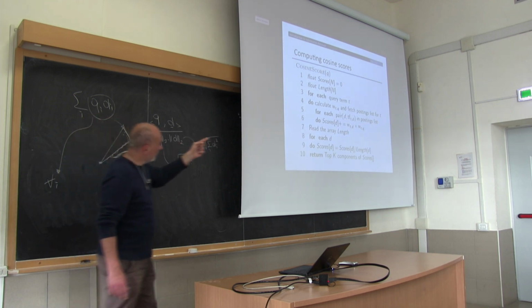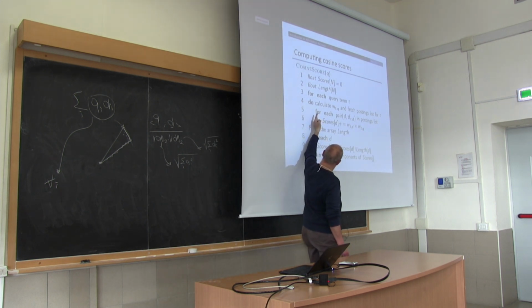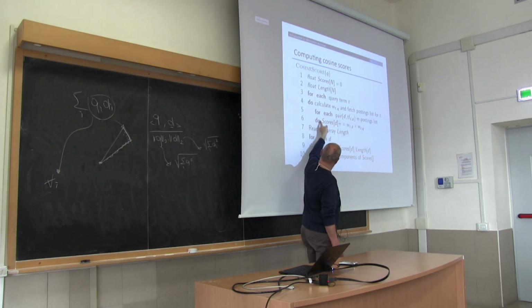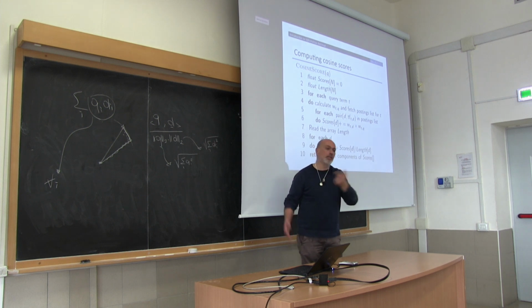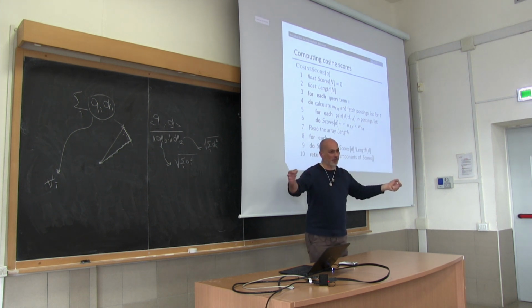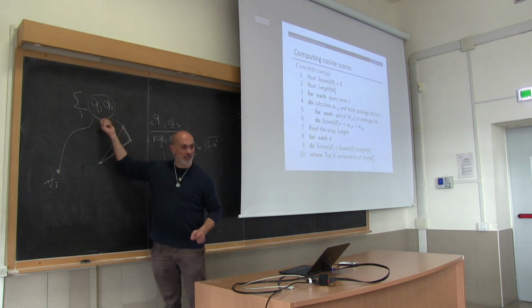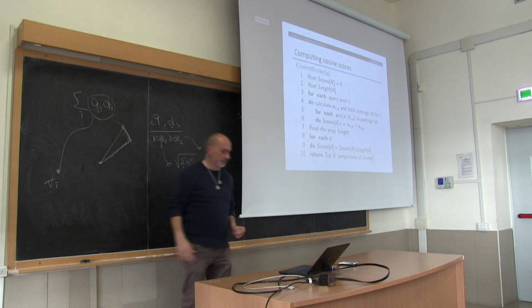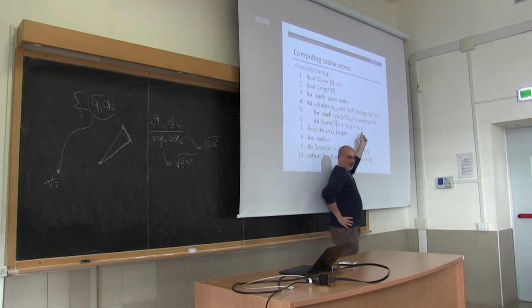So when I consider this for each, I'm scanning all the documents that appear in the posting list, and I am just adding this term. That's what I'm doing, okay? That's it.